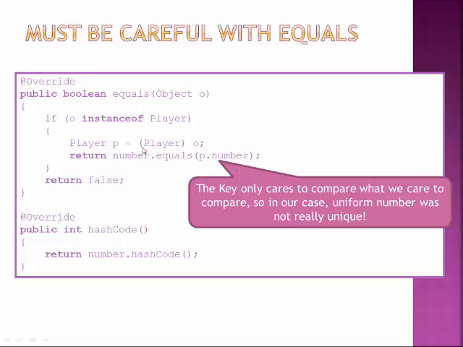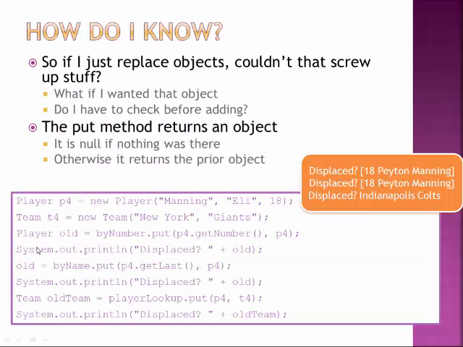Now, in football, having the same number is only a useful measure if they're also on the same team. So I would have to check something else besides just number. In the whole NFL, two people can certainly have the same number. So I have to check number and name, or ideally, even better, number, name, and team. So I just have to be careful on how I implement this, or I could get funny behavior down the road. So how do I know?